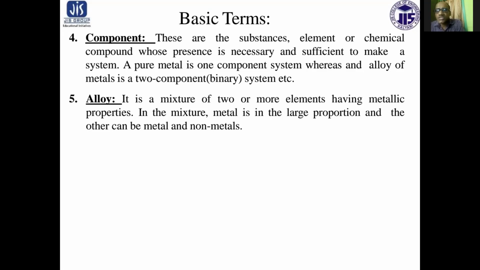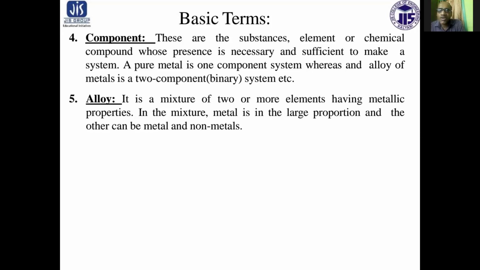These are the substances, elements or chemical compounds whose presence is necessary and sufficient to make a system. A pure metal is a one component system, whereas an alloy metal is a two component or binary system.